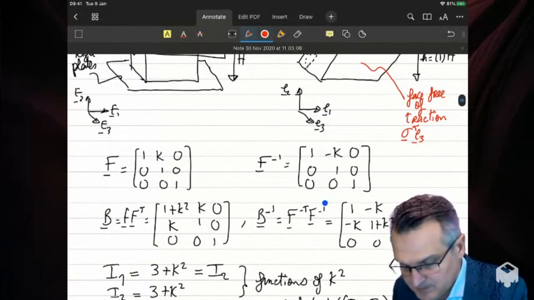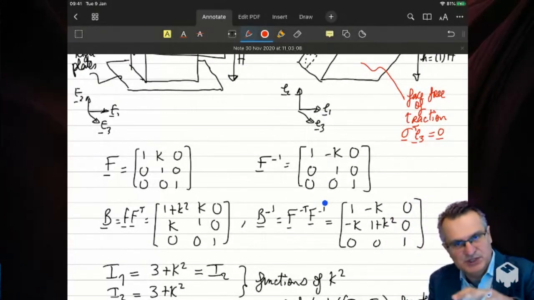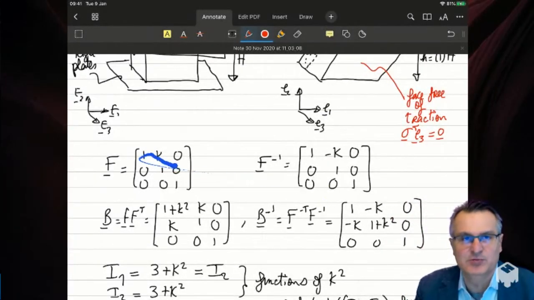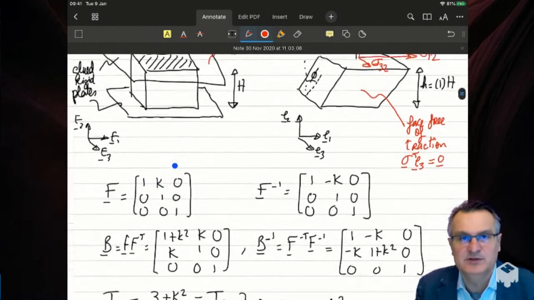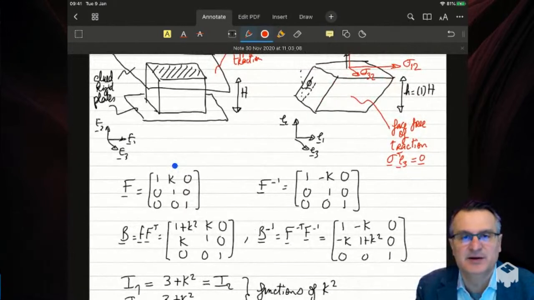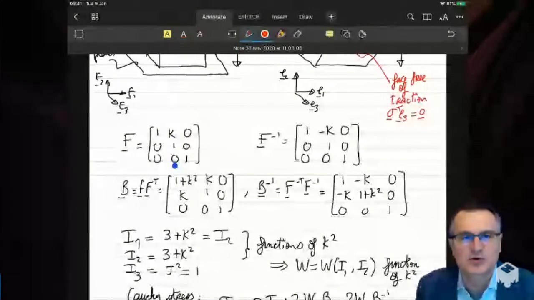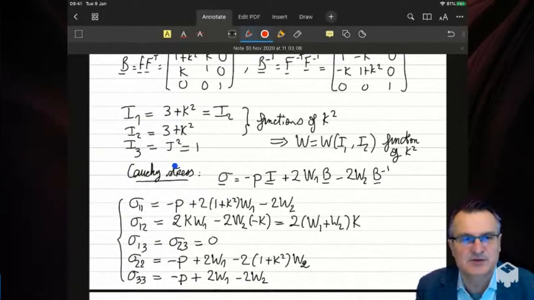Sigma E3 equals 0. I'm just shearing by applying forces on the plate on top there, and then nothing on this side. So if sigma times E3 is 0, it means sigma 13, sigma 23 are 0. That's acquired already, but it also means that sigma 33 must be 0.